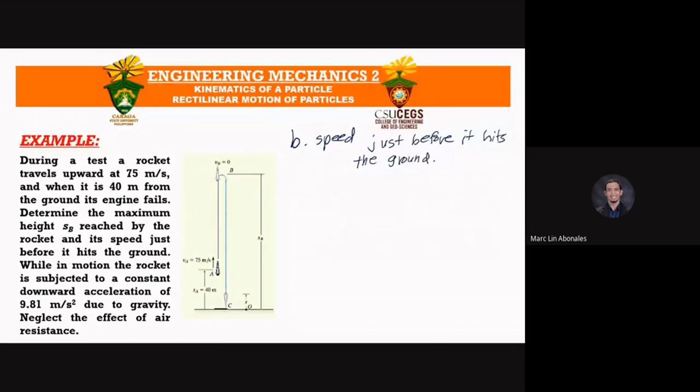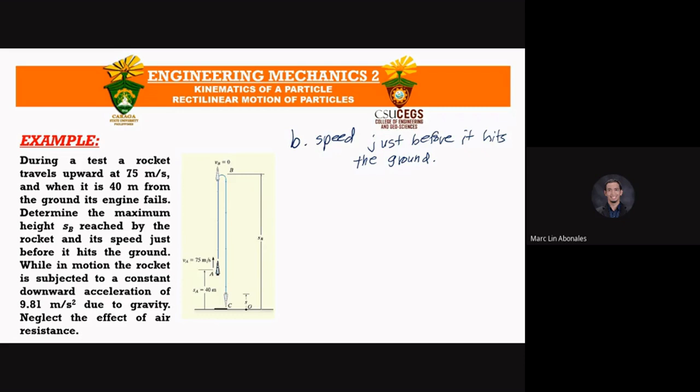For this speed just before it hits the ground, what is your initial point? You actually start from point B, then you go to point C. Okay? It is also possible to go from point A to point C. That is possible, because you will come up with the same answer.